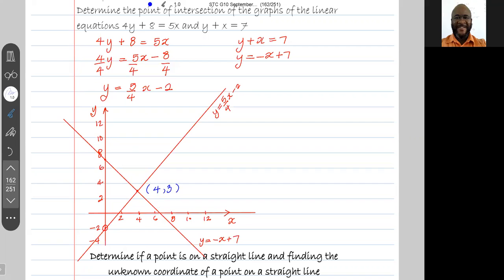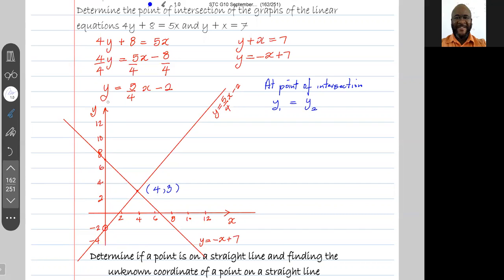Now, I'm going to use the fact that at the point of intersection, the y's for the two graphs are equal. So at the point of intersection, y1 is equal to y2.